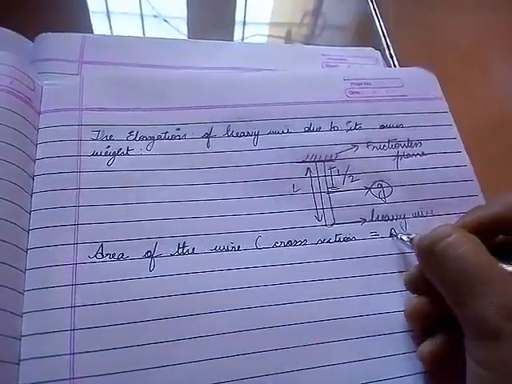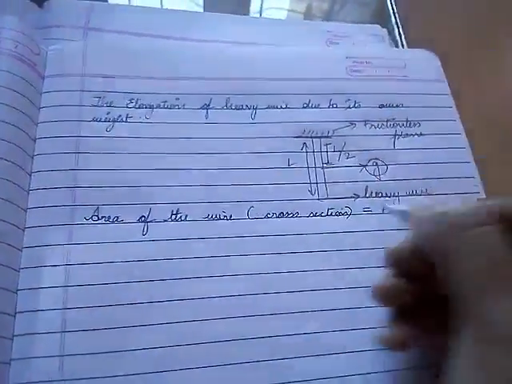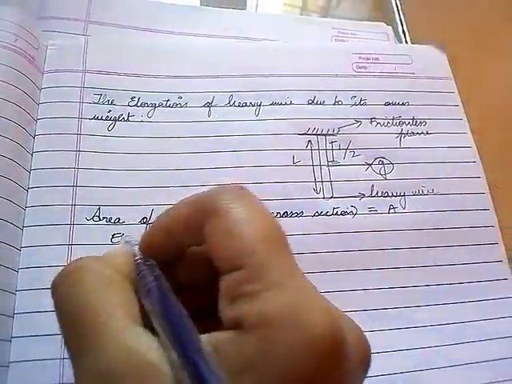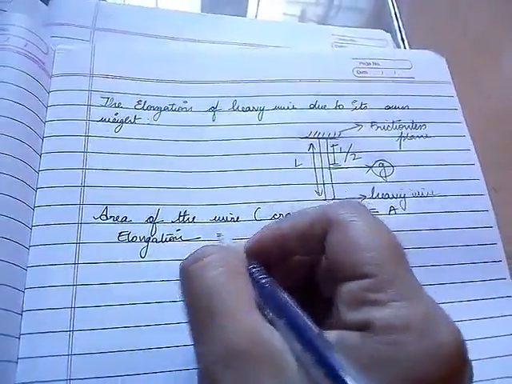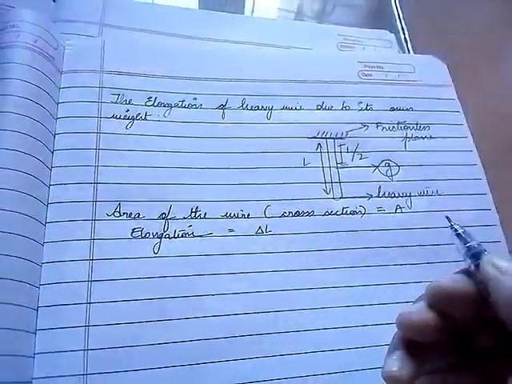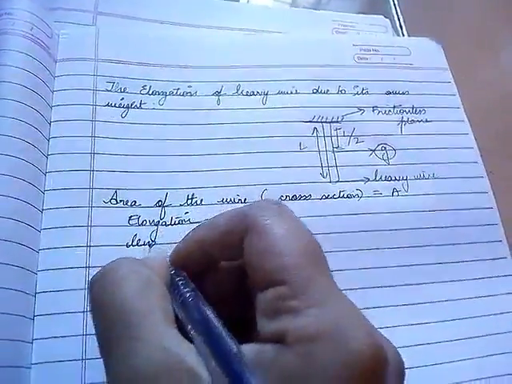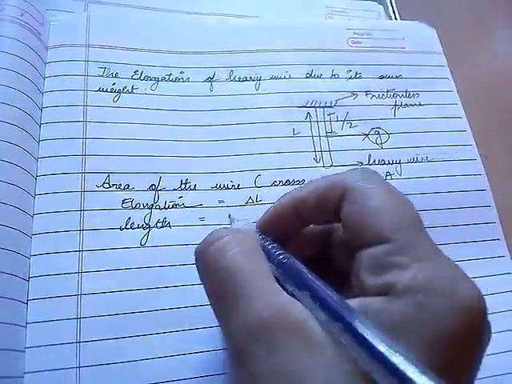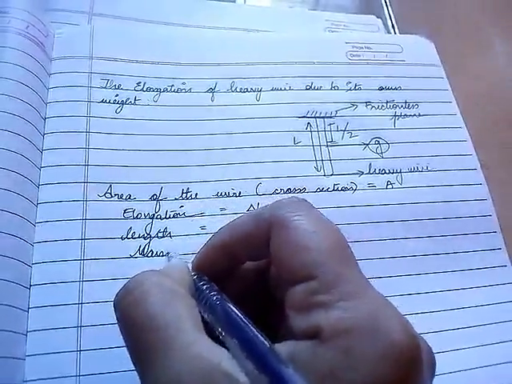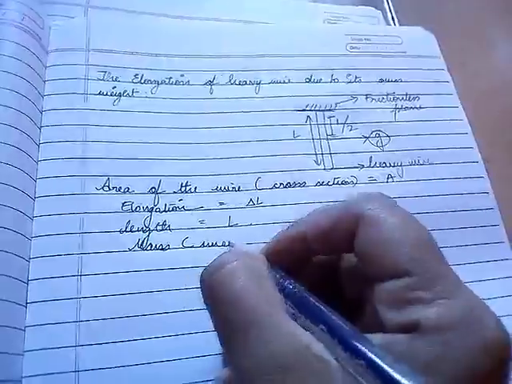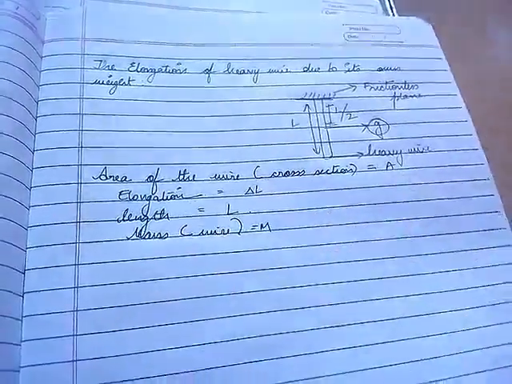We call that A. Then we talk about the elongation, which we have to find, which is delta L. The length we'll take as L. The mass, again we're talking about the wire, is M.